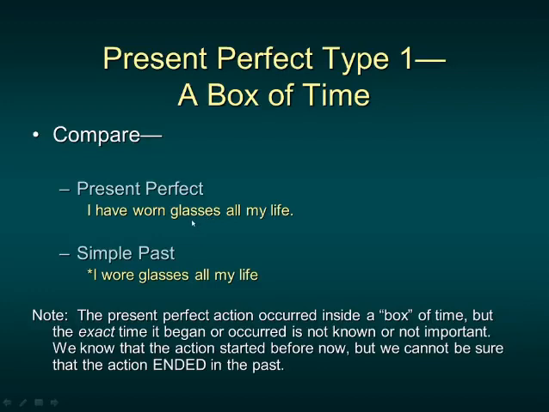I have worn glasses all my life. I wore glasses all my life. This is the difference. A box of time means that the exact time it began or occurred is not known. We cannot understand what time he started using these glasses. So this is a box of time.